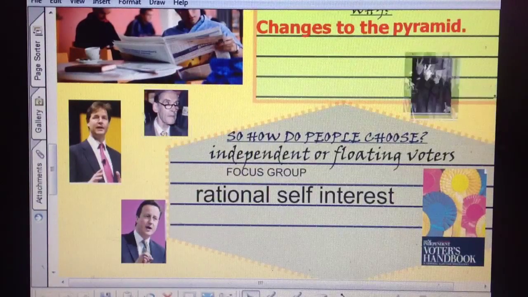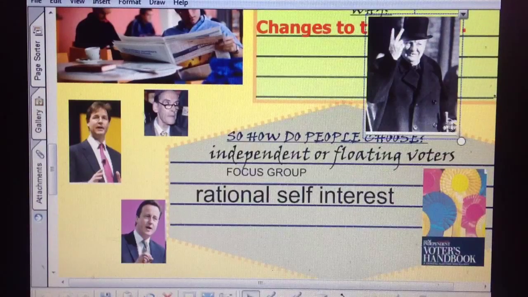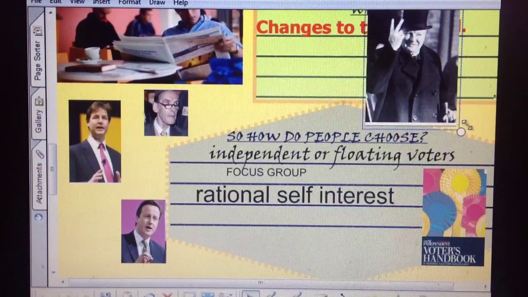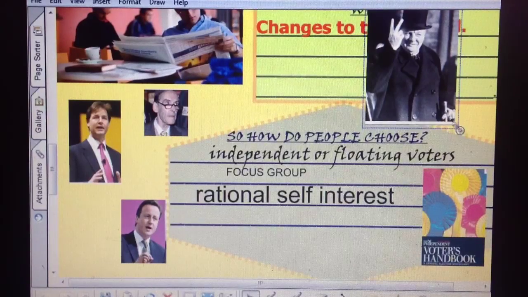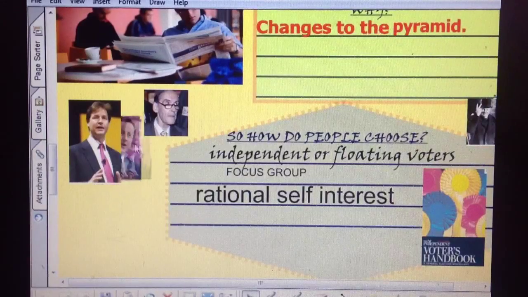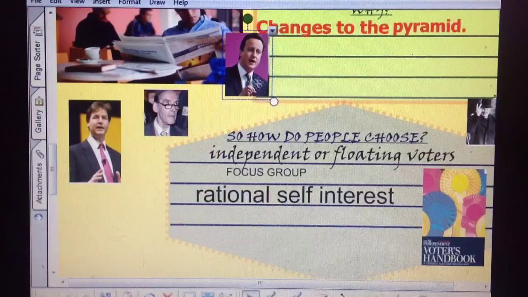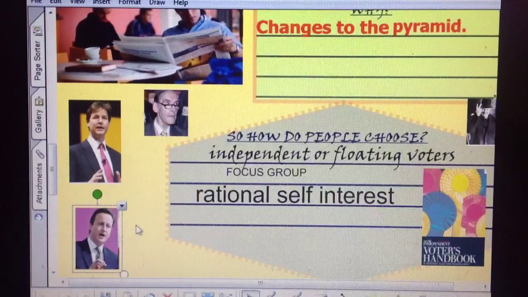Winston Churchill, one of the greatest prime ministers who ever lived, led Britain through World War II, fought off the Nazis, was a drunk. He would never win an election these days. Instead, you have photogenic, which means good on camera, David Cameron. So people tend to have strange reasons sometimes for voting, not just rational self-interest.